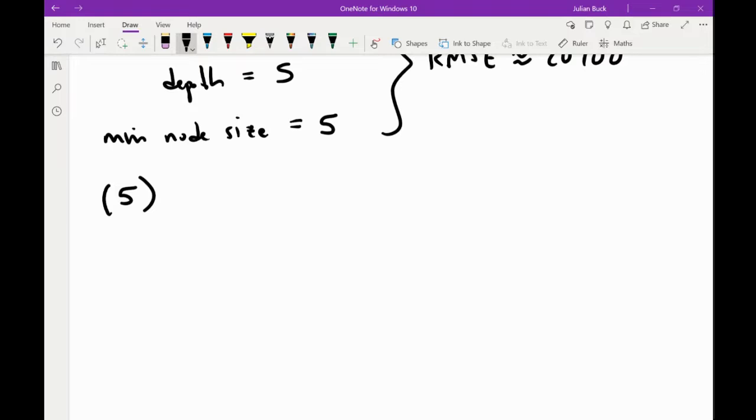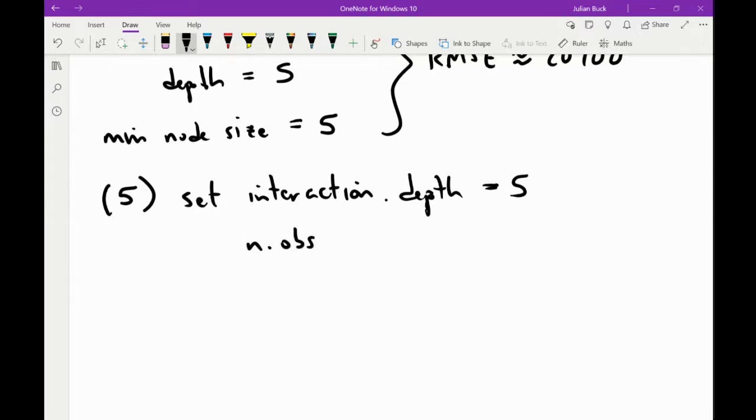Okay, so step 5 now, we're going to fix these. We would set interaction.depth, the maximum depth, to be 5, and then the minimum node size, n.minobsinnode, to be 5.